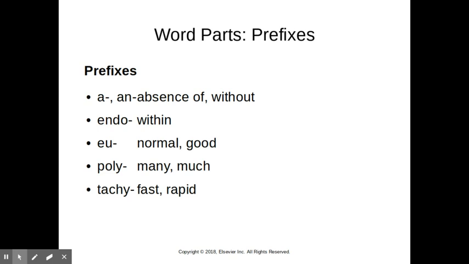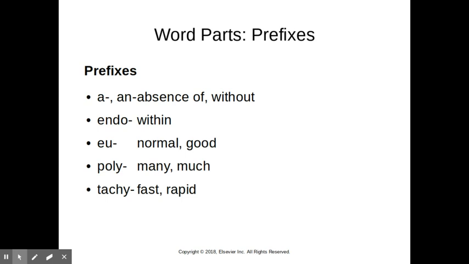Here's some prefixes. You have an, and then a at the beginning of the word, which means absence of or without. You have endo, which means within. EU is normal or good. So eupnea, normal breathing.